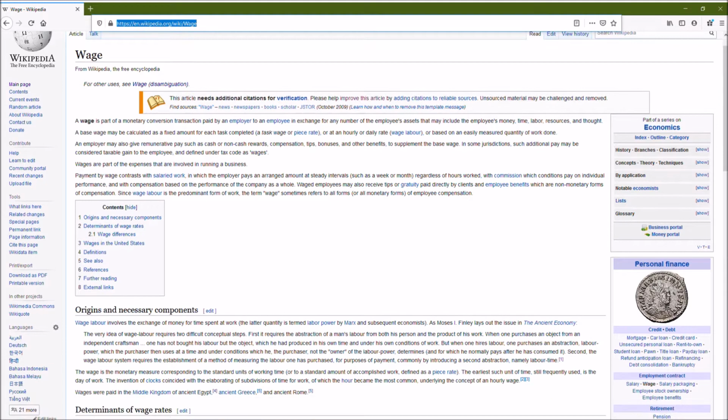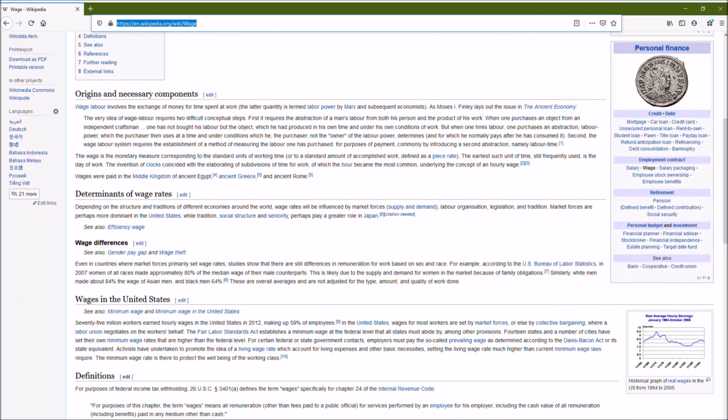Origins and necessary components. Wage labor involves the exchange of money for time spent at work. The latter quantity is termed labor power by Marx and subsequent economists, as Moses Finley lays out the issue in the ancient economy. The very idea of wage labor requires two difficult conceptual steps. First, it requires the abstraction of a man's labor from both his person and the product of his work.